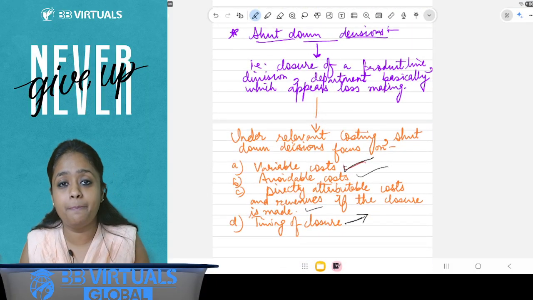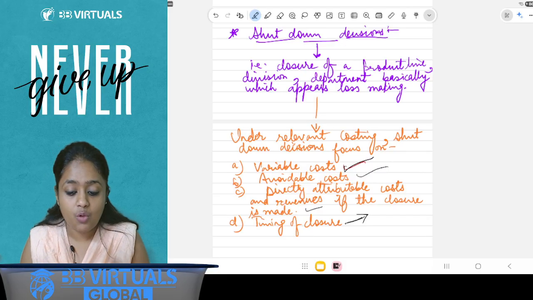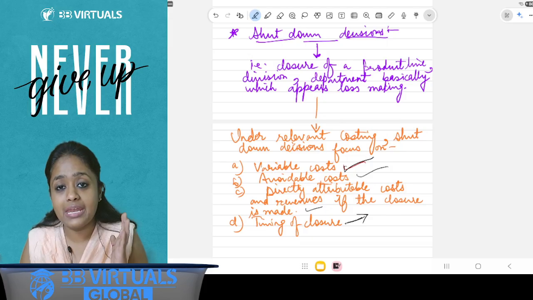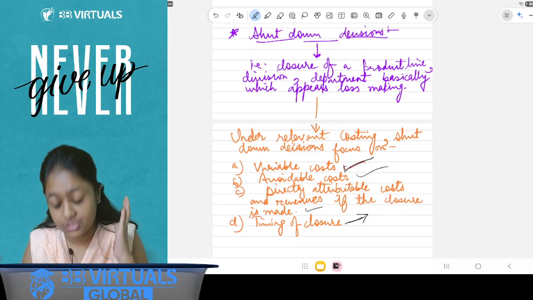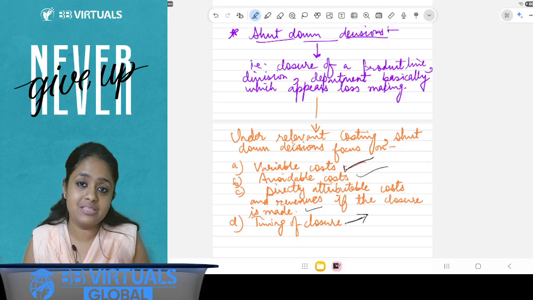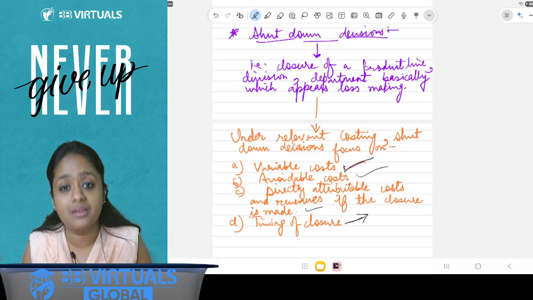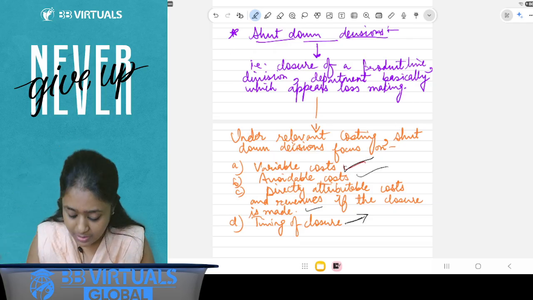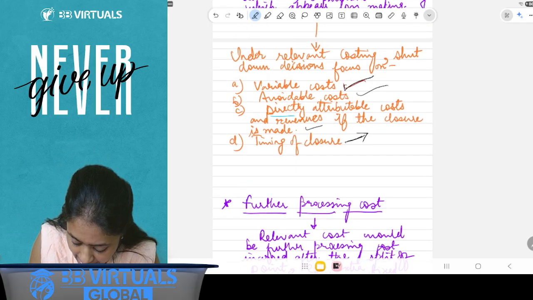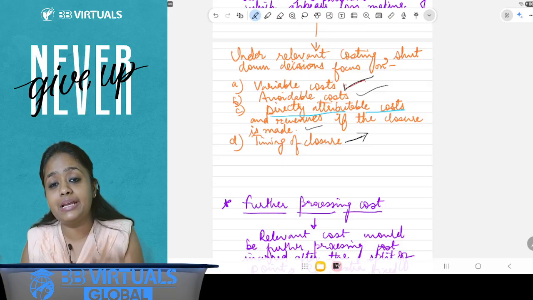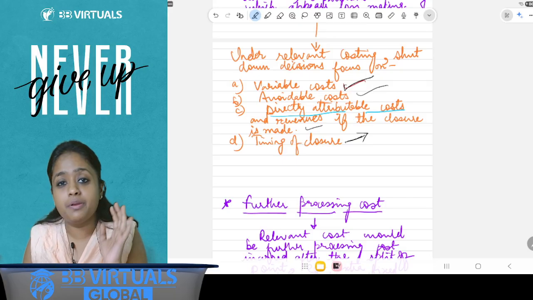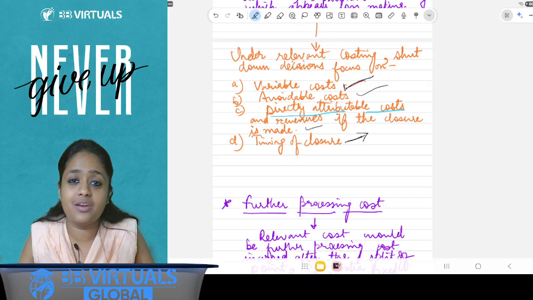Shutdown decisions are basically where we have to decide whether we should shut down an entity's divisions or continue with it. Again, we will see the relevant costing and the incremental revenue. And here the most important part is your directly attributable fixed cost. If you take allocated cost, they are not relevant.